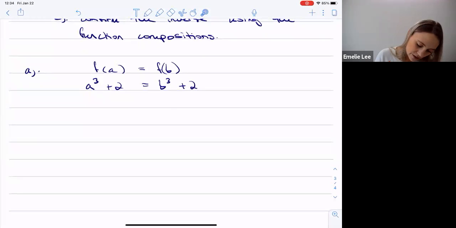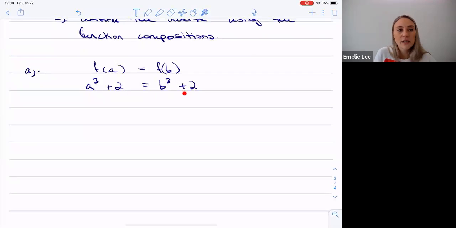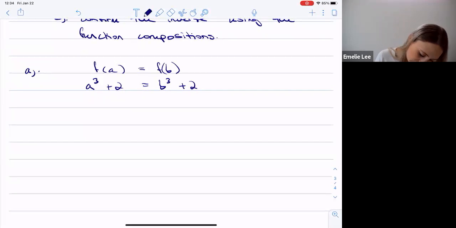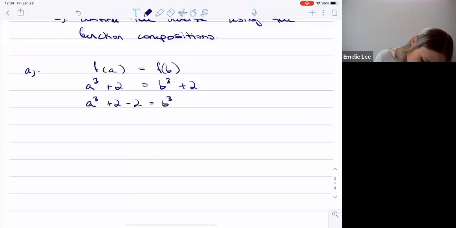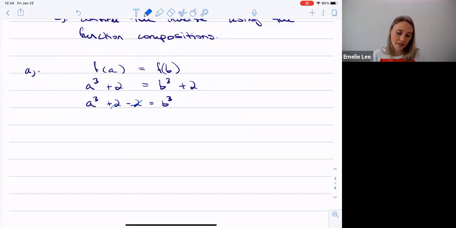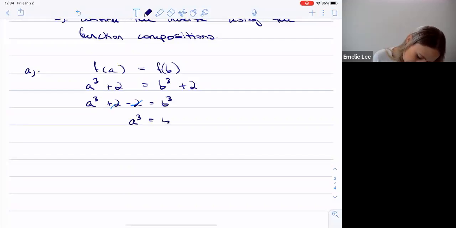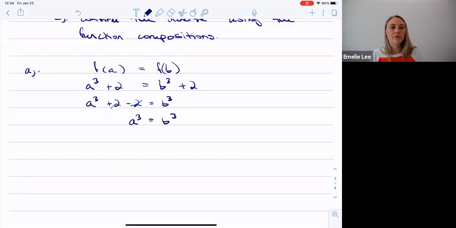What you're going to do is cancel things out and simplify until hopefully you end up at A equals B. So I'm going to move the 2 over: A to the 3 plus 2 minus 2 is B to the 3. Just showing every step, you don't have to. And so now I'm at A to the power of 3 equals B to the power of 3.